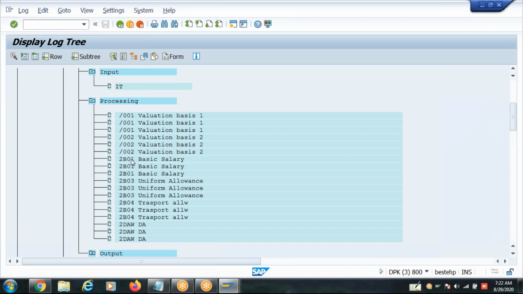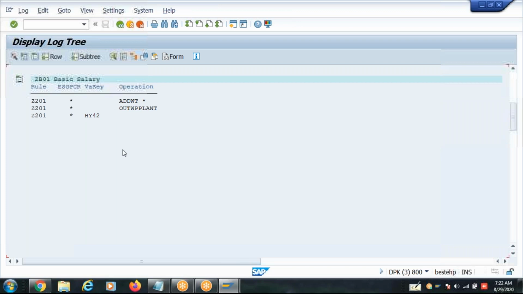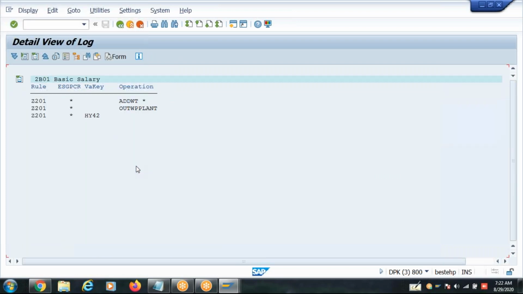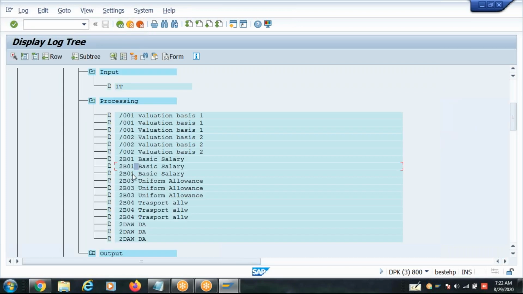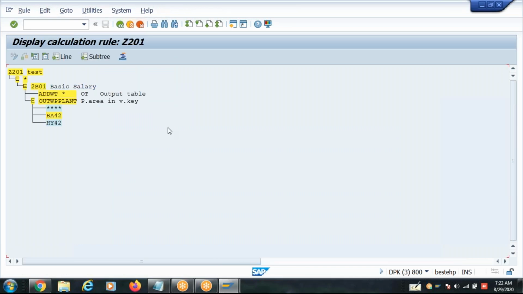When the first entry is processed, reading HY42. Second entry, HY42. When the third entry is processed, BA42. So it will call the respective OETWP, call the respective personal area according to the split of WPVP.